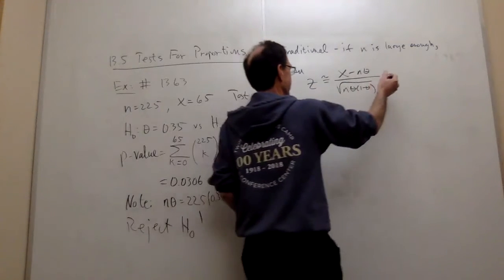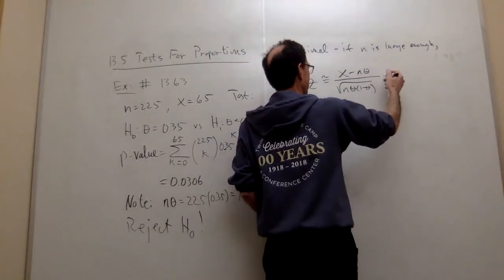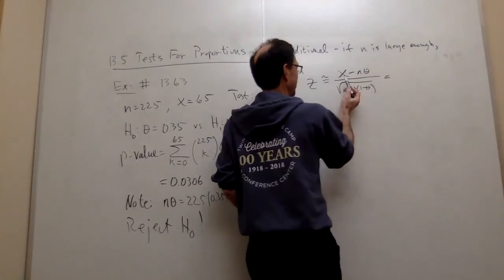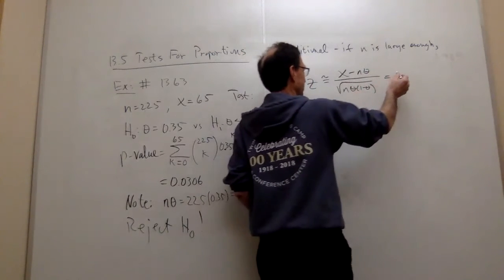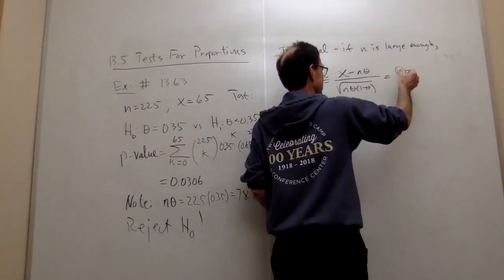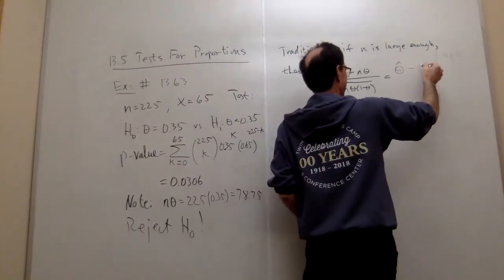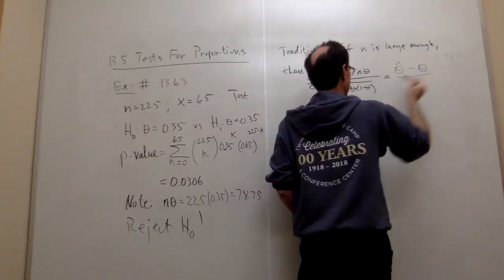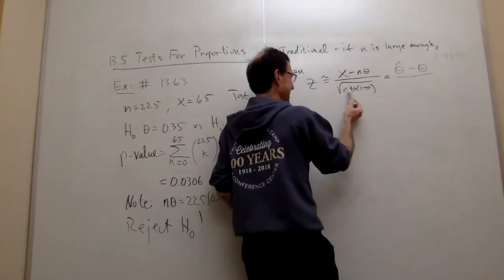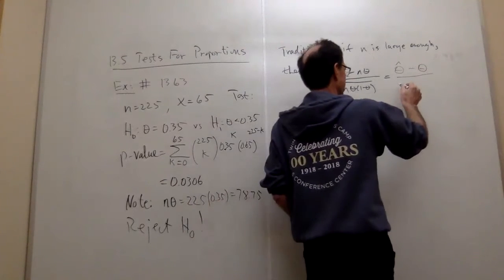Some people divide through by n, and if you do that, we get x over n. Remember, that's our favoritist estimator for theta. We call it theta hat. And minus theta divided by, if we divide by n on the bottom, it gets squared when it goes under the square root.